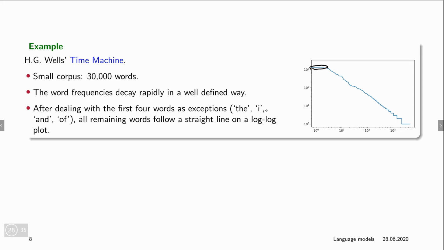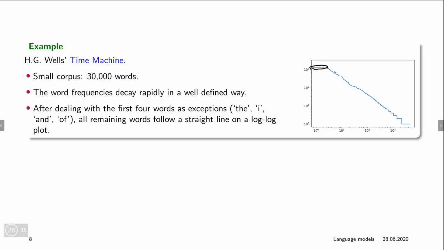So these are words like the, I, and of. Those are the 4 most frequent words in this corpus. And starting there, the remaining words lie on this straight line in the log plot.